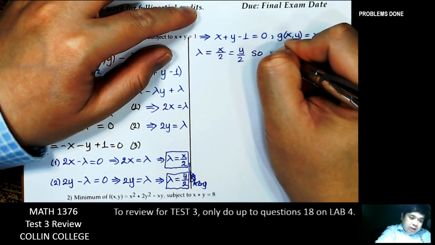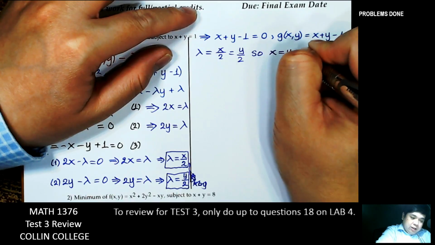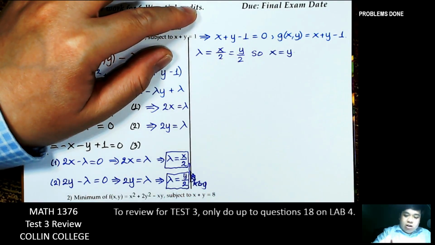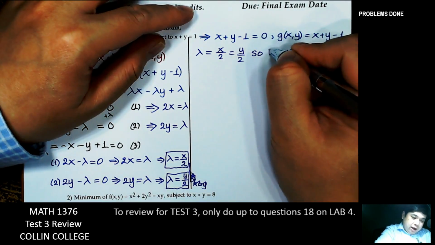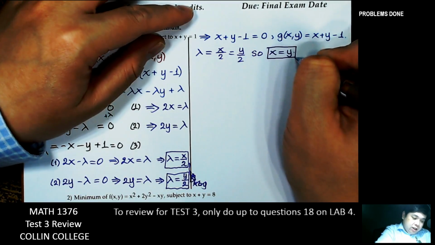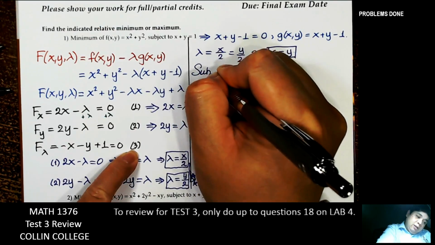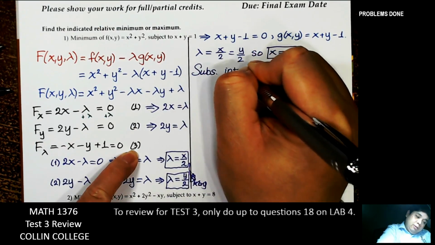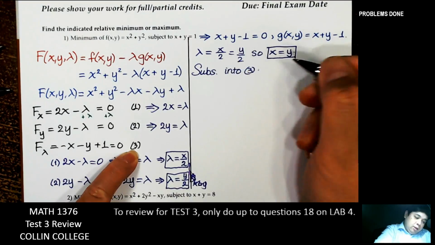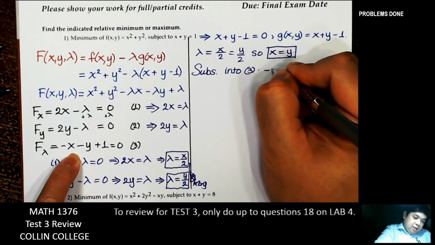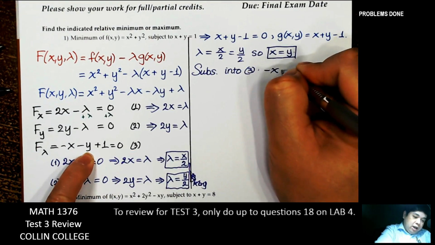So we have x equal to y. And now if we have x equal to y, we substitute into equation 3. We have negative x, and for the y we can just use x.